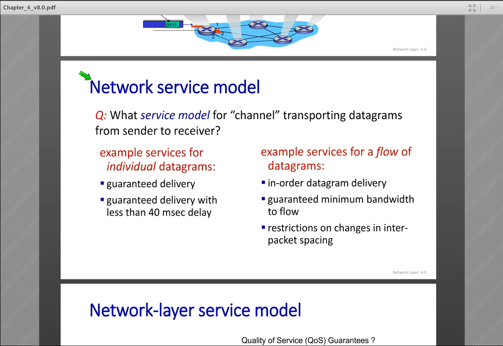For example, in virtual circuit switching networks such as ATM, frame relay, or X.25, yes, we can guarantee, but in simple IP-based computer networks, we cannot guarantee these items.